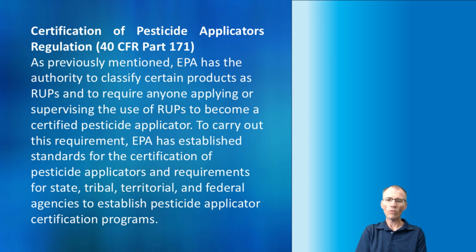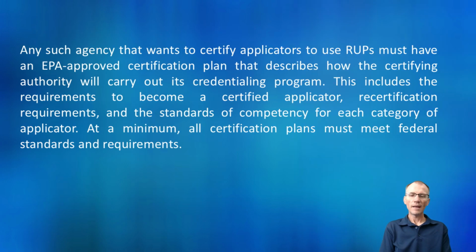To carry out this requirement, EPA has established standards for the certification of pesticide applicators and requirements for state, tribal, territorial, and federal agencies to establish pesticide applicator certification programs. Any such agency that wants to certify applicators to use RUPs must have an EPA-approved certification plan that describes how the certifying authority will carry out its credentialing program.